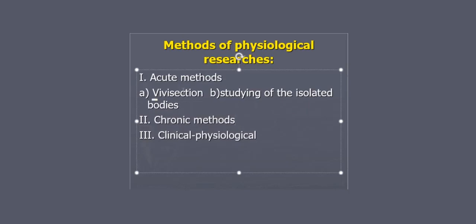Here we have vivisection in the acute methods and the study of isolated organs, and we could say it's experiment in vitro and experiment in vivo. And here we have a third type of methods, called clinical physiological methods, which study patients in the hospital.